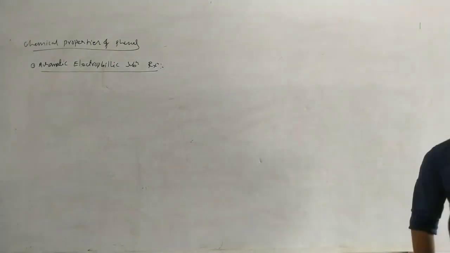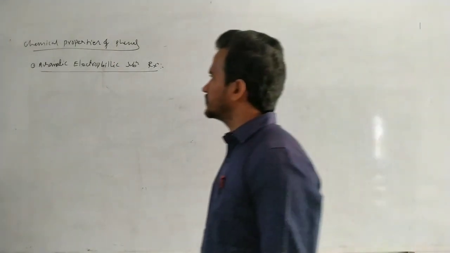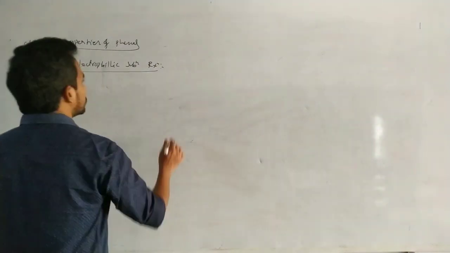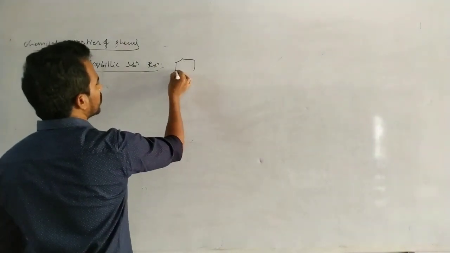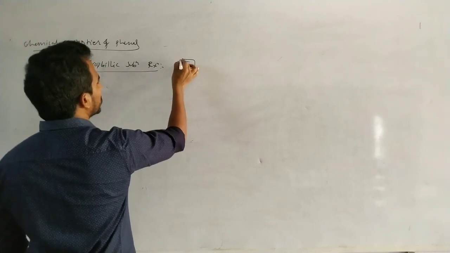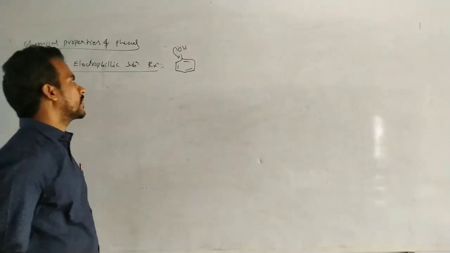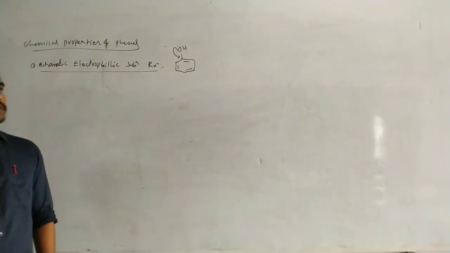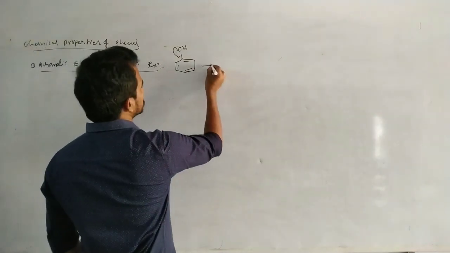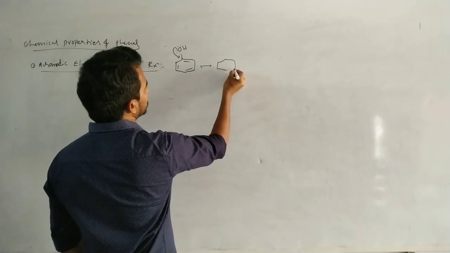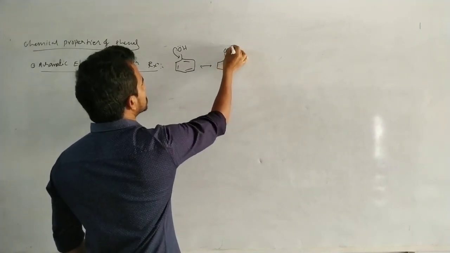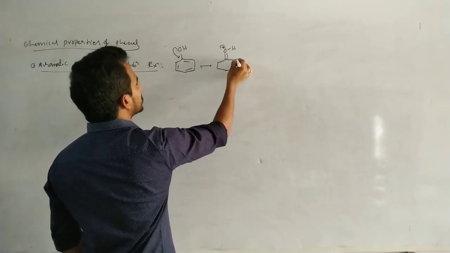Generally here, in phenol, OH is an electron donating group. By donating, it activates which positions?